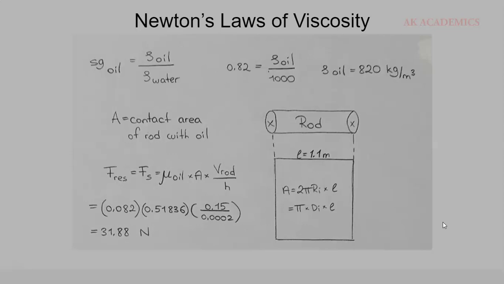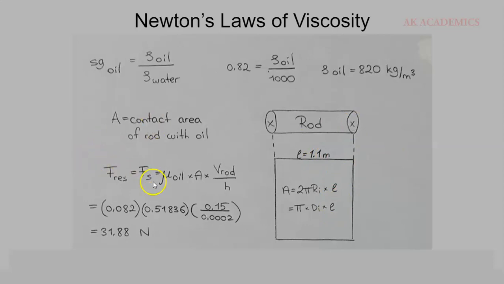Using that, it's going to be equal to 22 over 7 multiplied by the diameter of the rod multiplied by the length of the rod. If you do that, you will obtain 0.51836 as the contact area of the rod with oil. Okay, so you keep that somewhere, and then we do know our length is 1.1 meters, by the way. That's what we're going to use as the value of L here.